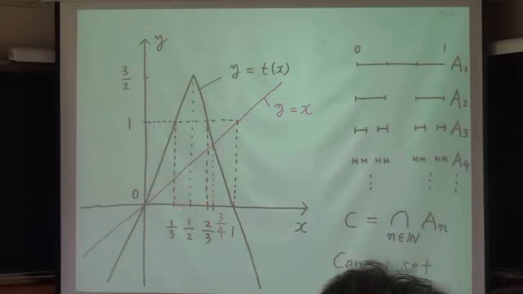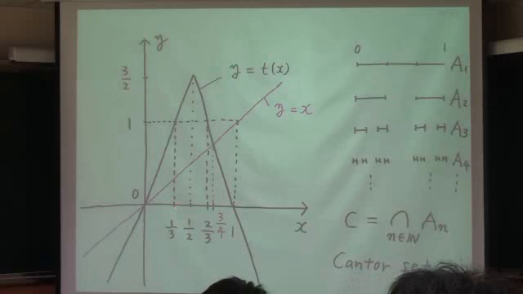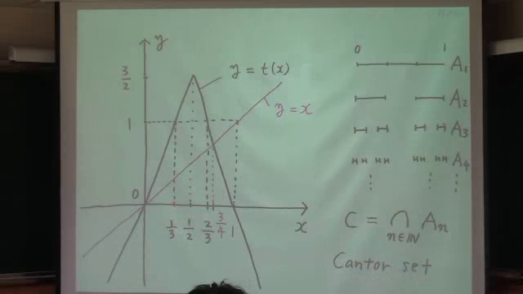So if we have a number that is between 1/3 and 2/3, then Tx is greater than 1. So this is level 1.